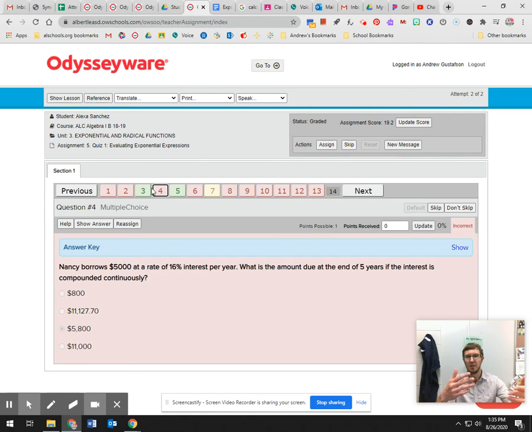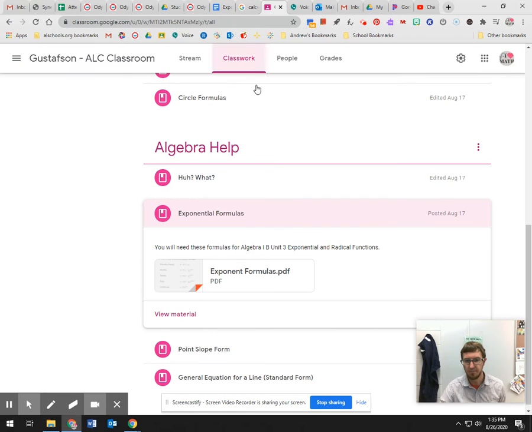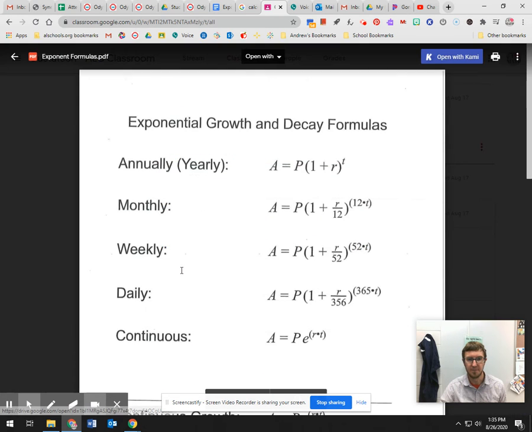It's hard for me right here without having you in front of me to really explain what compound interest means. But the key piece here is that we're talking about compound interest. And in Google Classroom, I pointed you here the other day, there's a formula sheet for exponential growth and exponential decay formulas.